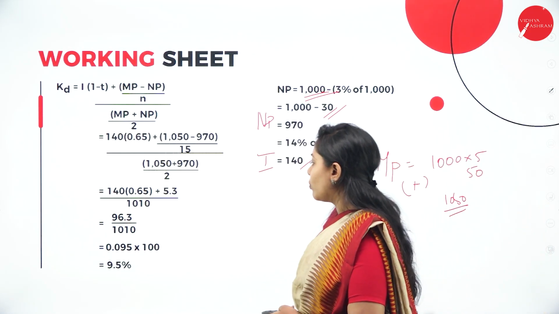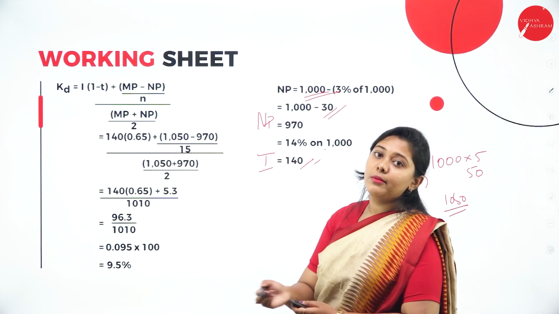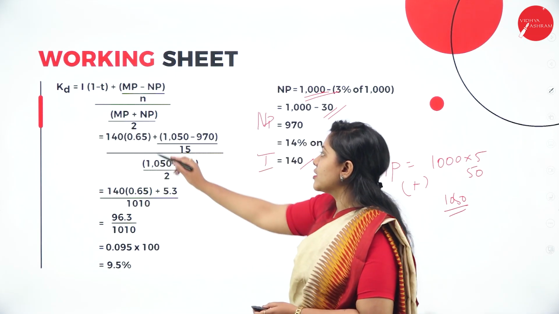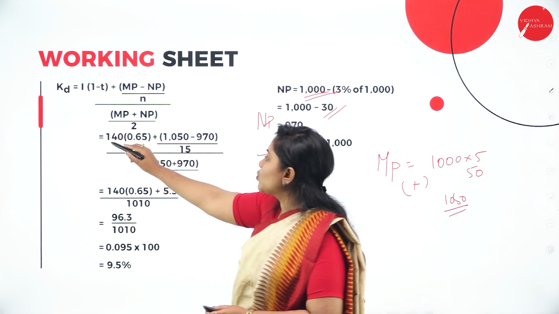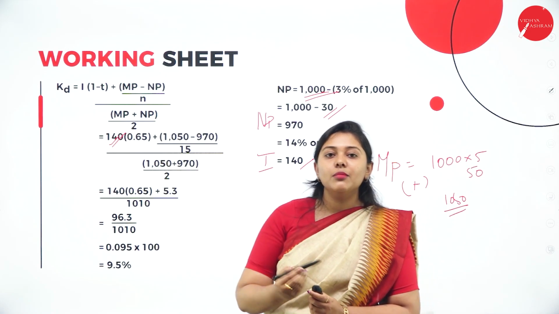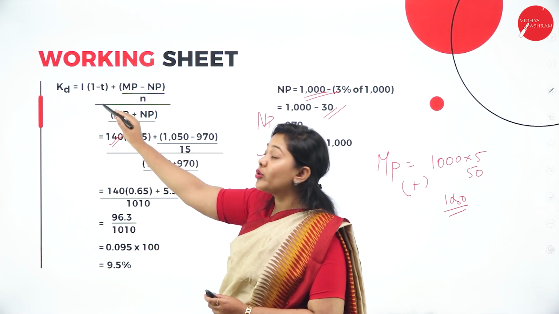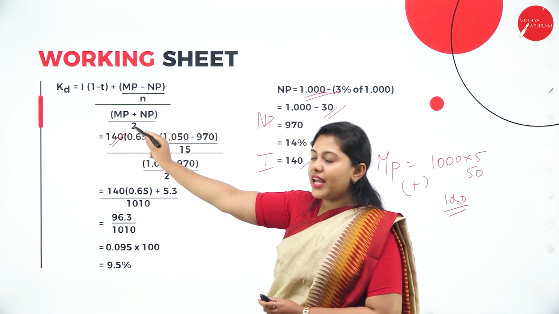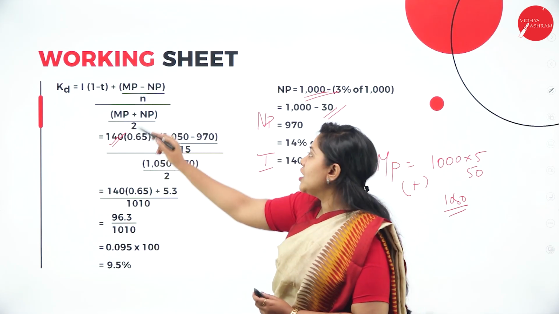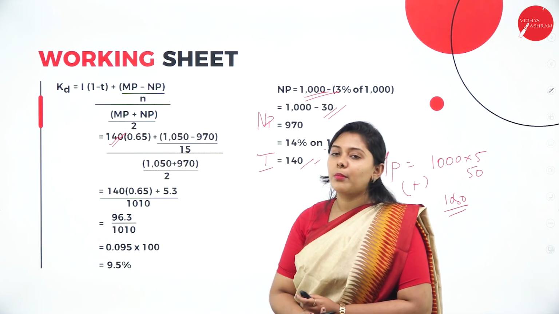Your tax rate is how much? 35%. Tax rate is 35%. 1 minus 0.35, you will get the value as 0.65. So interest 140. The formula for calculating the cost of redeemable debt after tax is: cost of debt equals interest times (1 minus tax) plus (maturity price minus net proceeds) divided by number of years, whole divided by (maturity price plus net proceeds) divided by 2.